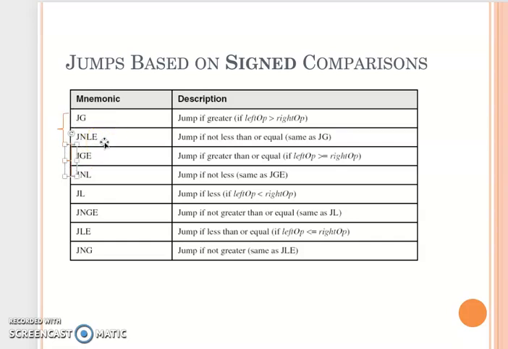If your left operand is greater than or equal to, you do JGE or JNL. If less than, they are the same, JL or JNGE. Then you have less than or equal to your right operand, JLE. So that's for the signed comparison. So you have different kinds of jumps, and you need to choose according to whether the values you try to compare are signed or unsigned.